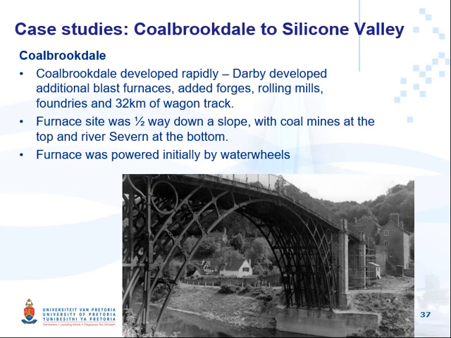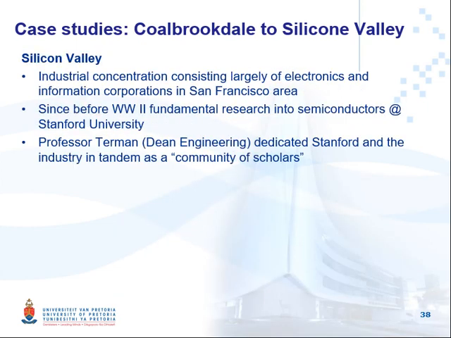But how about Silicon Valley? Formerly the Santa Clara Valley, now we call it Silicon Valley. It is an industrial concentration consisting largely of electronics and information corporations. It is located between Menlo Park and San Jose in the San Francisco Bay Area.